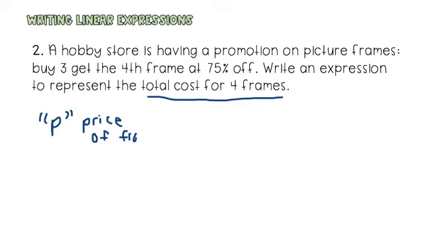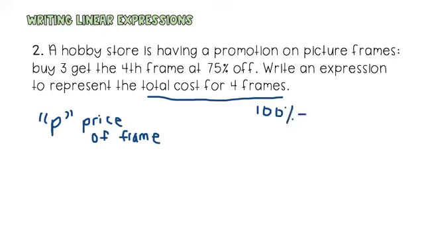The next thing that I want to figure out is if my 4th frame is 75% off, well, what percent of that amount am I going to have to pay? So a regular priced item, you have to pay 100%.